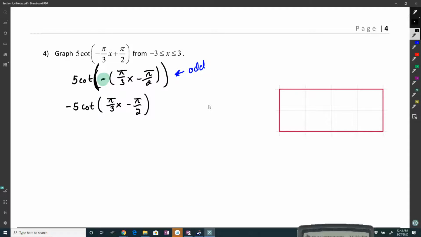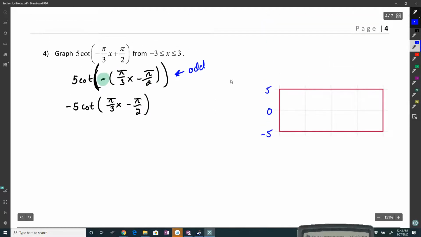All right. So again, there's no shift up or down. There's no plus k. So I know that this is 0, 5, and negative 5. I don't ask you for that stuff. And so now I just need to take the inside and put it between 0 and pi.